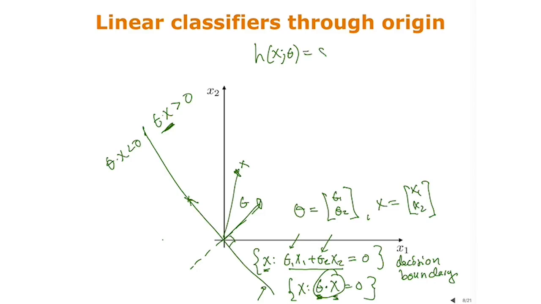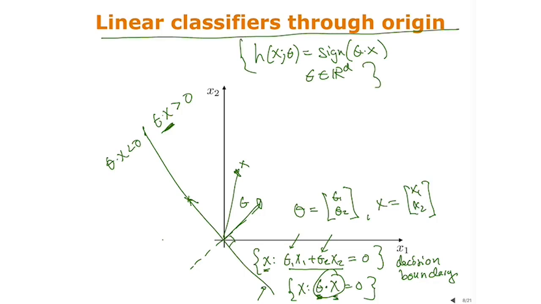So that classifier is now simply the sign of theta.x. The label that it returns is the sign of that linear function theta.x. And in general, theta lives in d-dimensional space, as would x. So this is now the set of linear classifiers through origin.